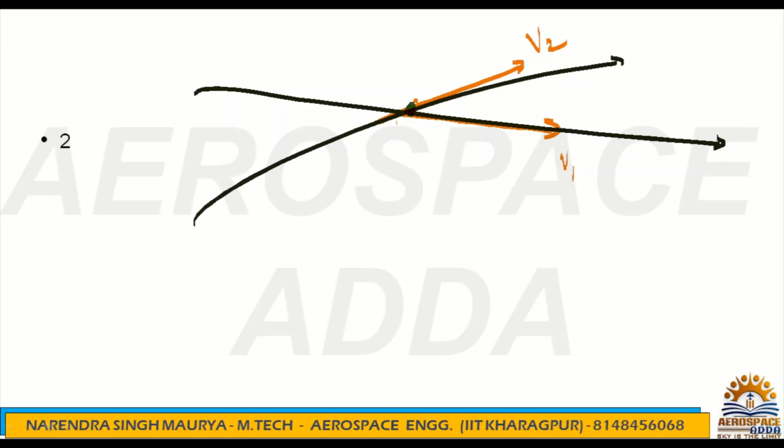Okay, so streamlines are imaginary curves drawn through a fluid to indicate the direction of motion in various sections of the flow field, and a tangent at any point on the curve represents the instantaneous direction of the velocity. Suppose this is curve 1 and this is curve 2, and I say these are streamlines.